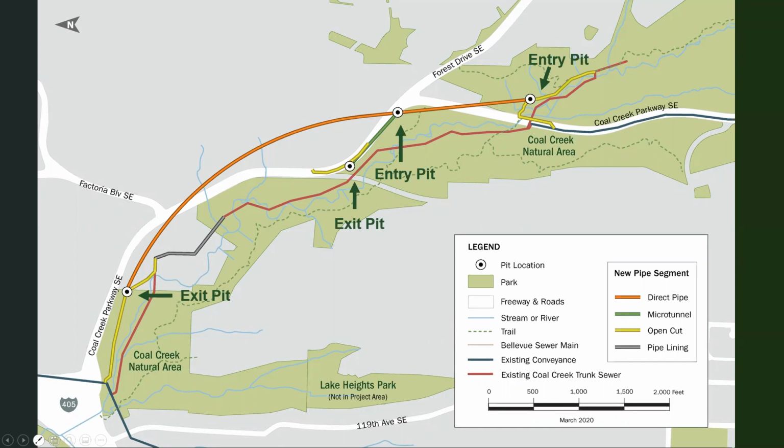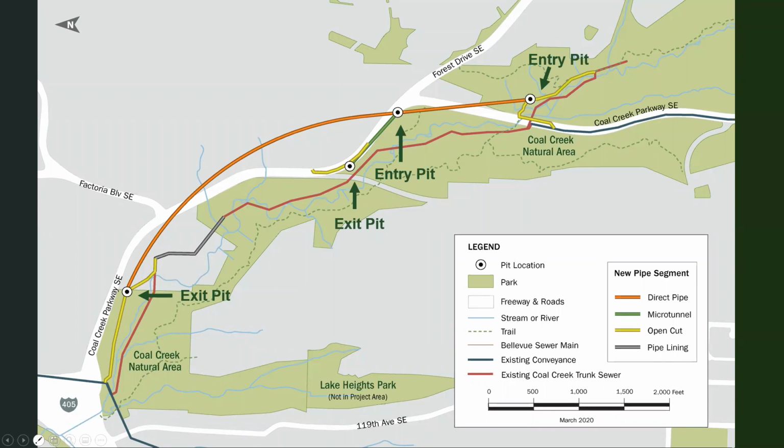Okay, so Liz gave an overview of the project, and you saw a version of this slide. Liz talked to you about the fact that most of the above ground impacts are going to be occurring at the points where we need to enter or exit the trenchless areas of the pipe installation.